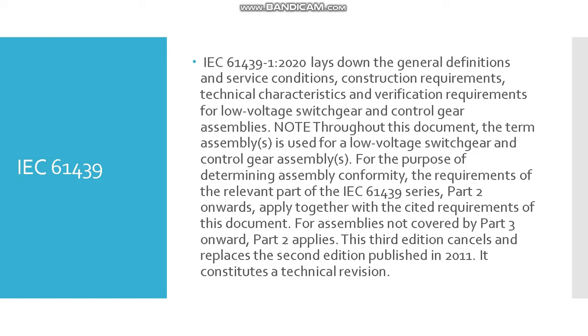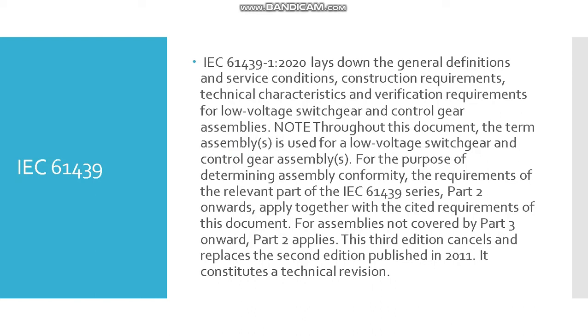The IEC 61439 lays down the general definitions and service conditions, construction requirements, technical characteristics, and verification requirements for low voltage switchgear and control gear assemblies. Note, throughout this document, the term assemblies is used for low voltage switchgear and control gear assemblies.